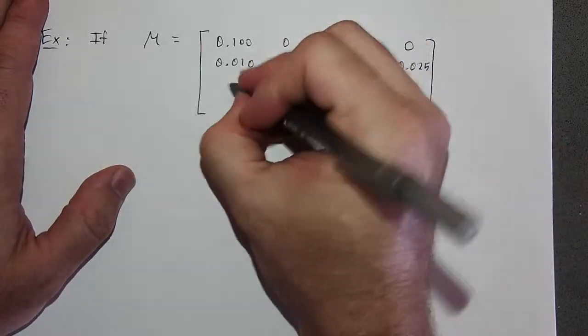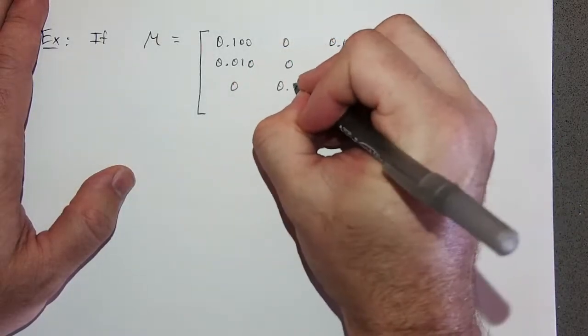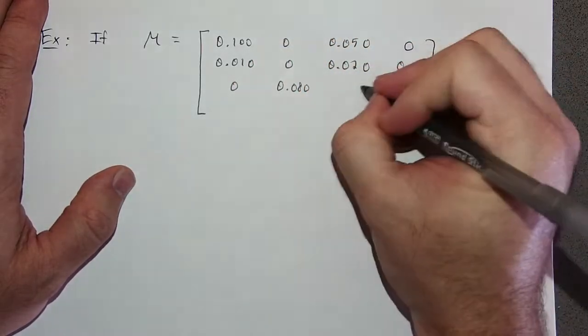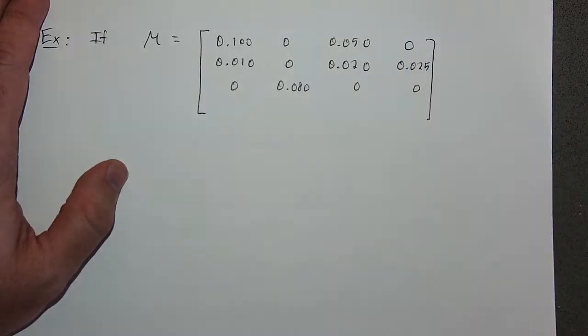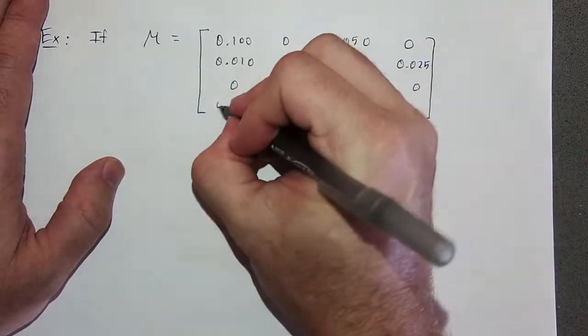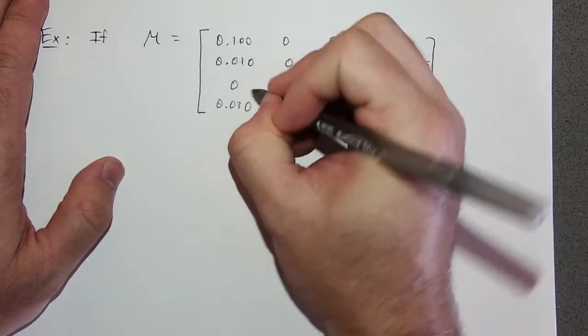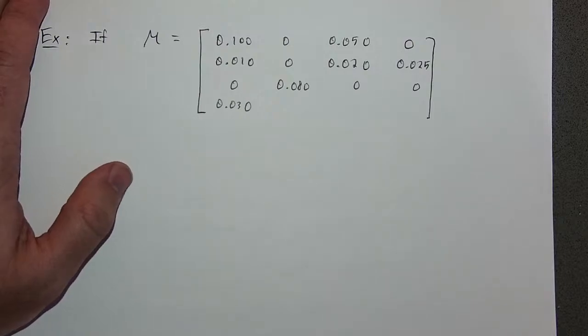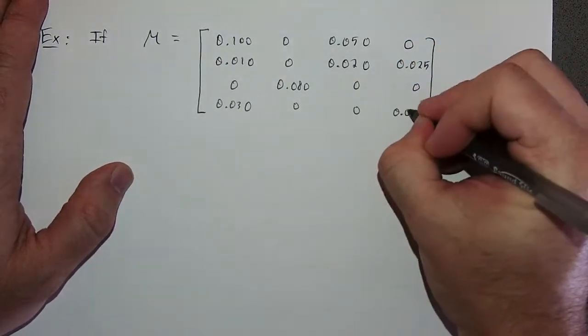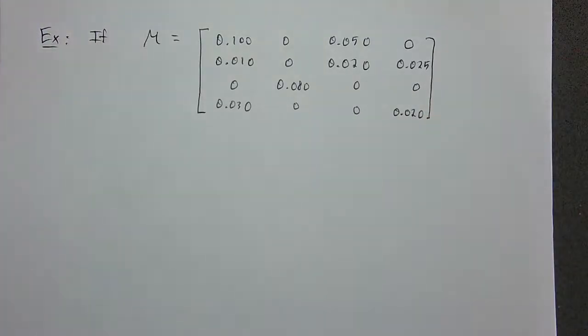The next row is 0, 0.080, 0, 0. Final row, 0.030, 0, 0, and 0.020. So here my entries are small, and this is sparse in the sense that like half my entries are 0. Okay.